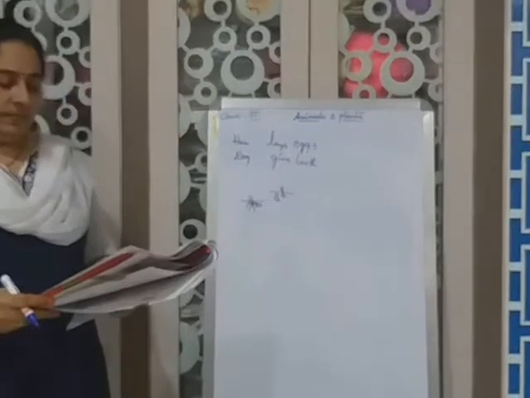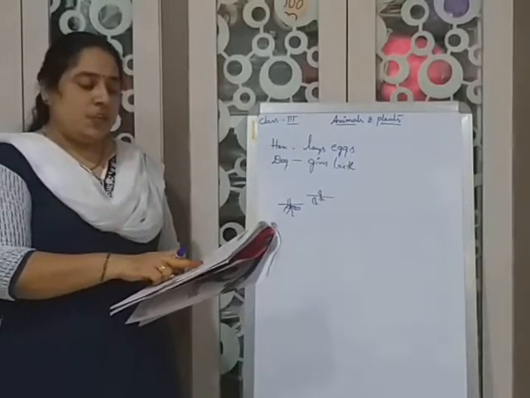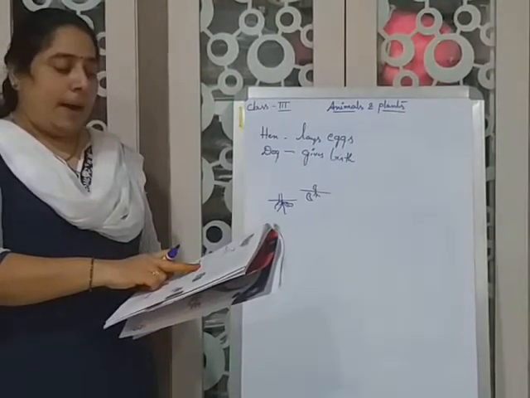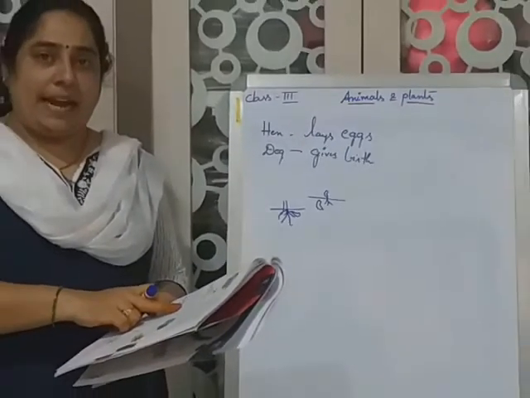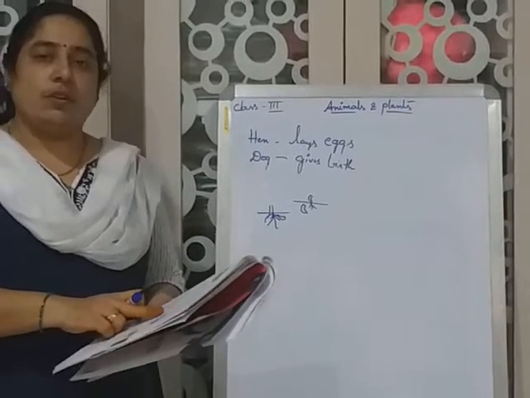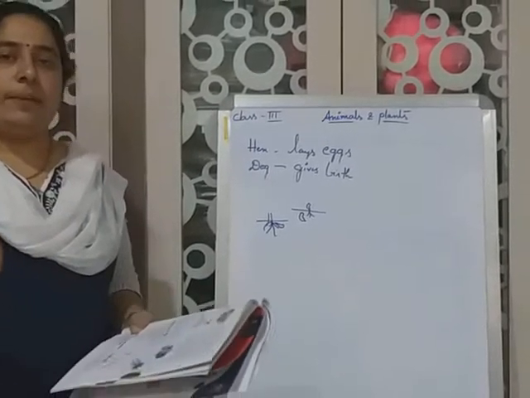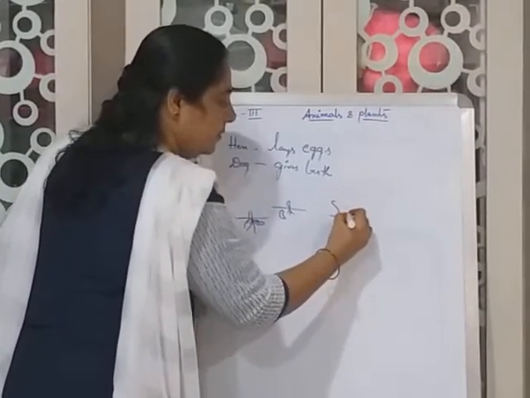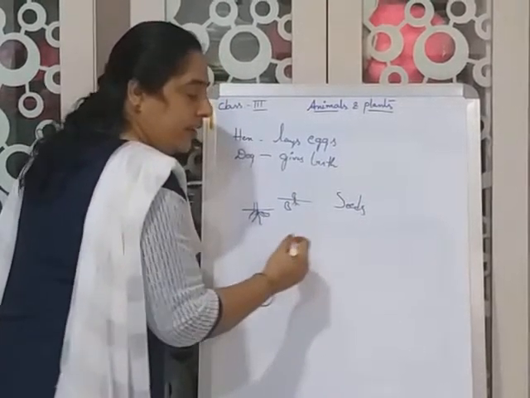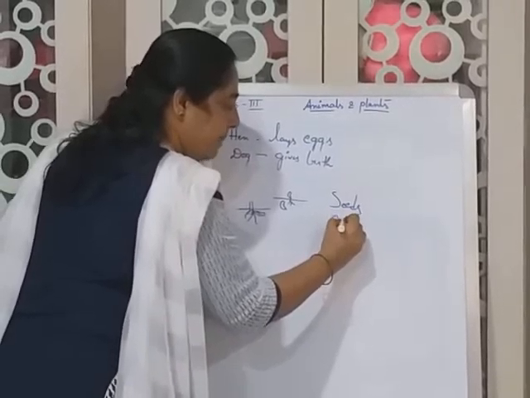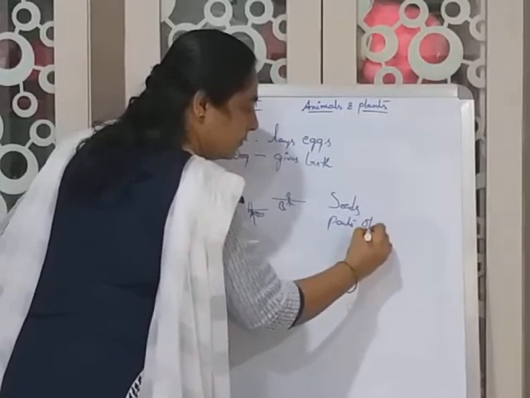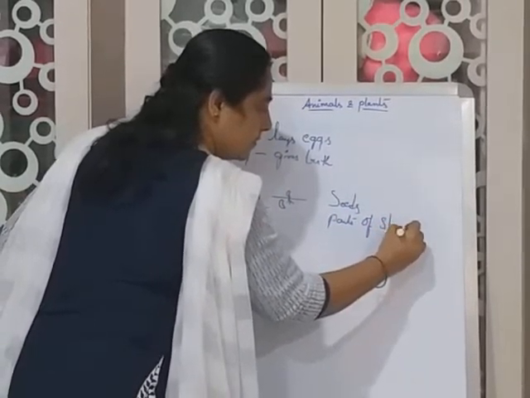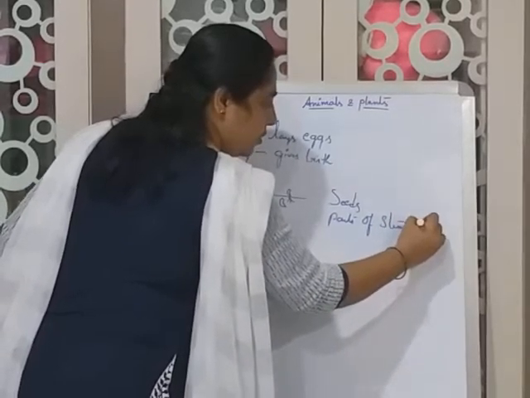Okay children? Some will be growing from seeds, some from a part of a stem, some from roots.